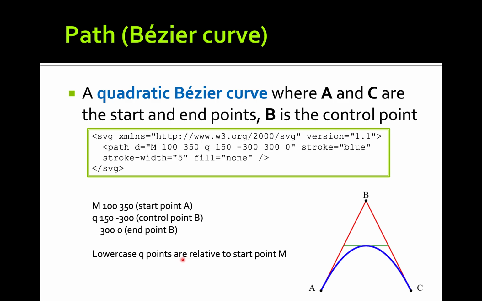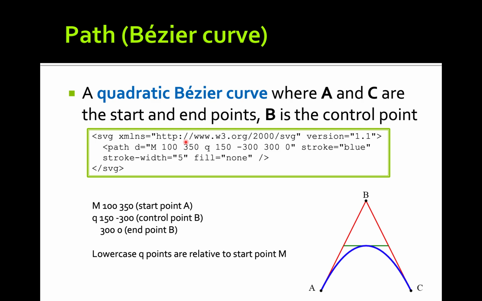So now we understand what we mean by the relative lowercase q points: they are relative to the starting point m. When we say small q, it means that the point where we are right now becomes the 0 0, or the origin of our coordinate plane or Cartesian plane, and then all the points are relative to that particular new origin.